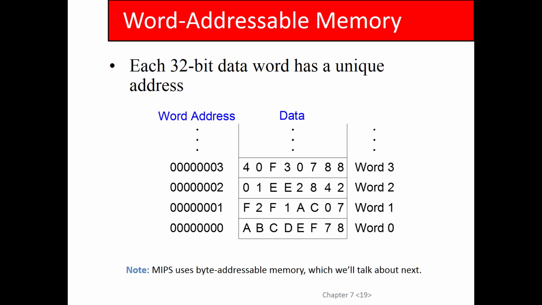But processors don't operate on bytes. Processors don't really have any concept of what a byte is. Processors all use a word, and the word is going to be either 32 or 64 bits these days, right? So you think of a 64-bit processor, that means a 64-bit word, meaning that all of the buses, the registers, the ALUs, everything inside the CPU is 64 bits.